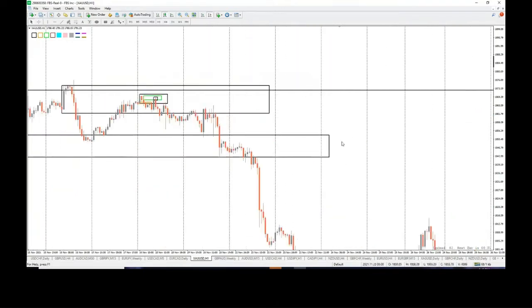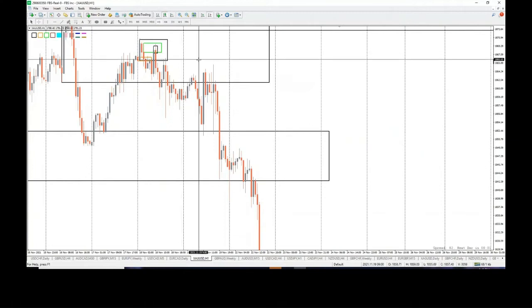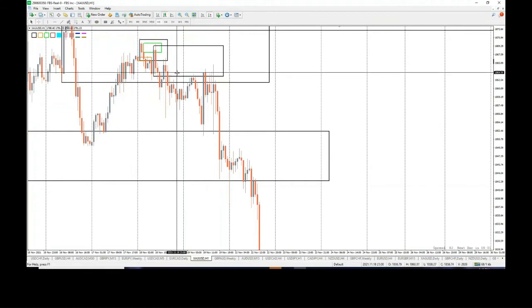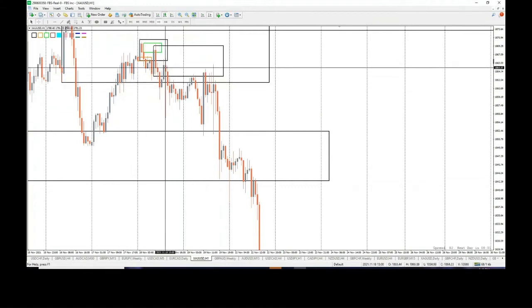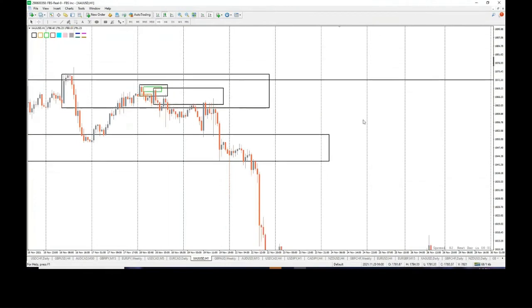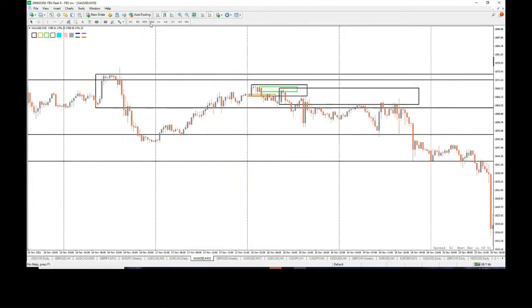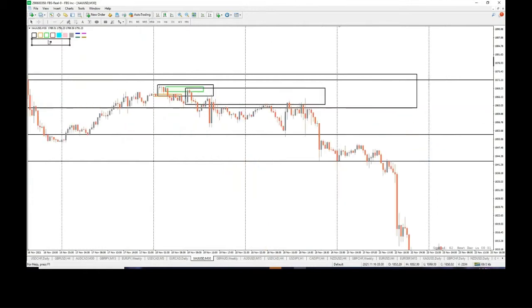So all along the way going down here, what do we do? We just have to sell, looking for sell setup. When the price comes back into the zone, you think this zone is big. What do we do on the H1 zone? We wait for one or two time frames lower, M30 or M15.